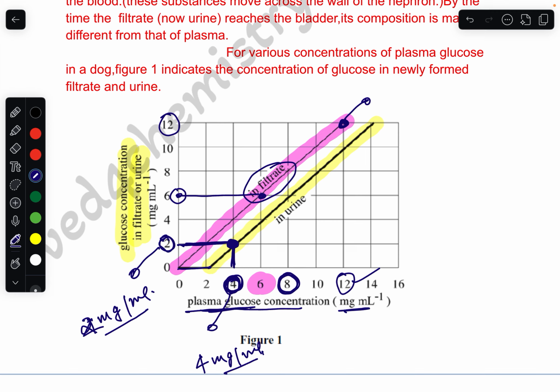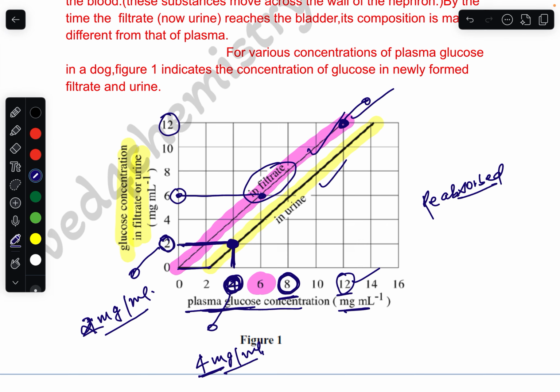You know that glucose in urine appears when plasma glucose is 4 mg per ml. So we can say the reabsorbed value will be the difference of filtrate and urine. The urine value is 8, and the filtrate value is 12. You can see this is 12 and urine is 8.